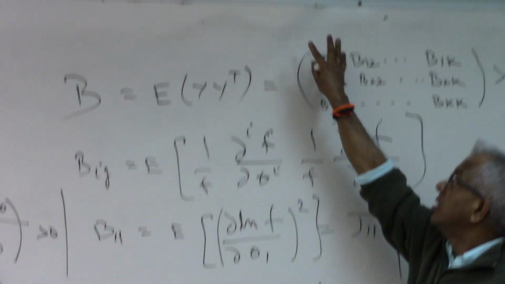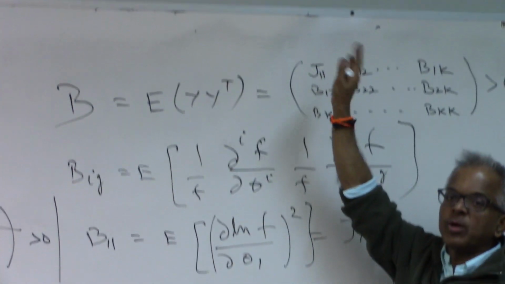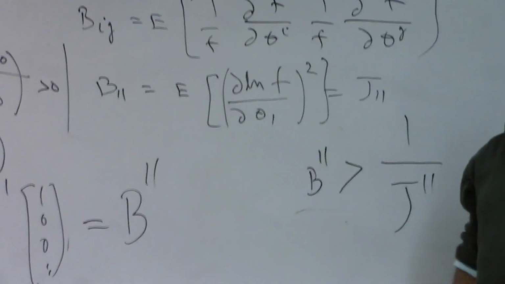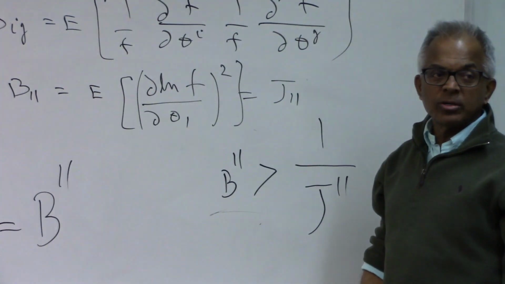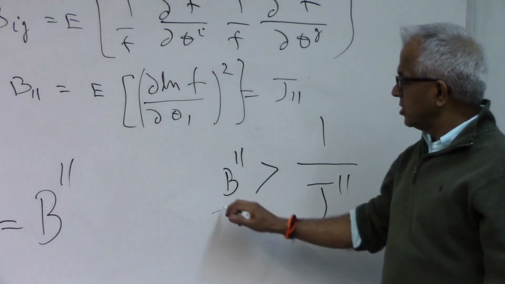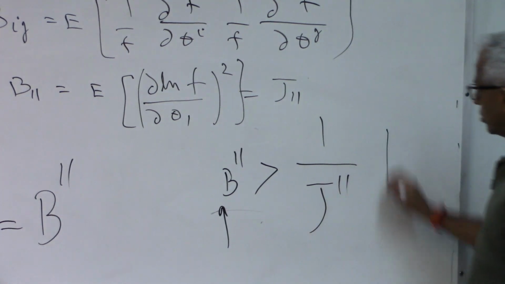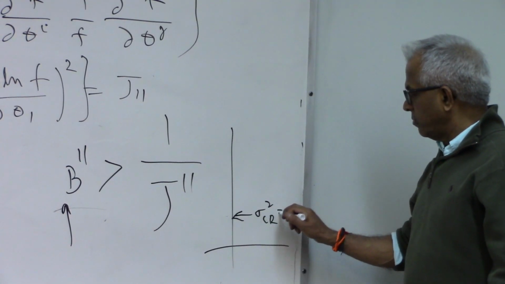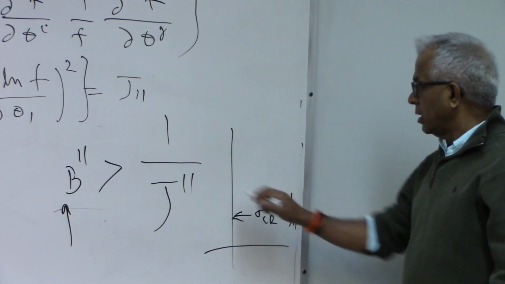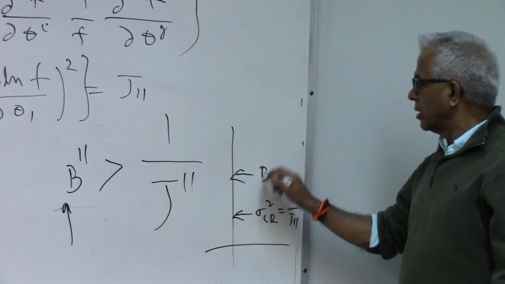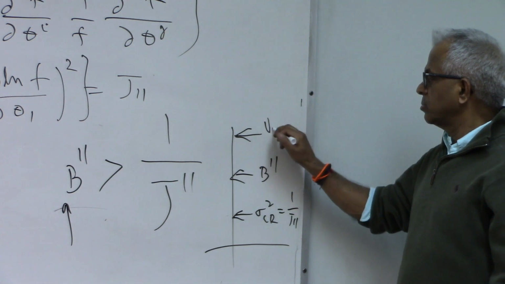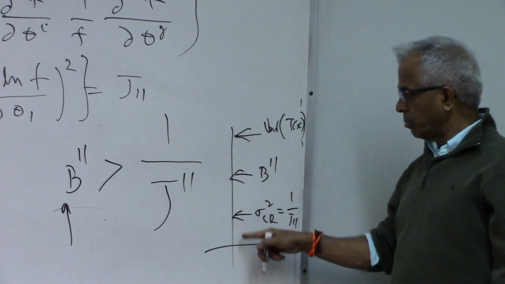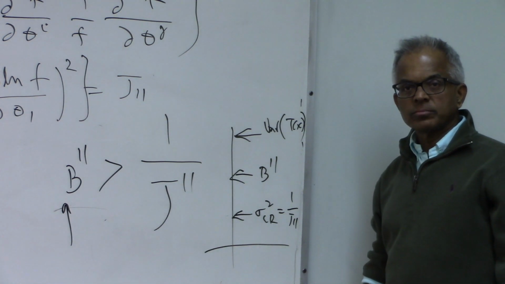We showed that 1 over J11 is smaller than J top 11. So this is the Bhattacharya bound. Pictorially, the Cramer-Rao bound is here, which is 1 over J11, and B11 must be here, and your variance maybe of Tx is here. So this is a better bound compared to this, right?